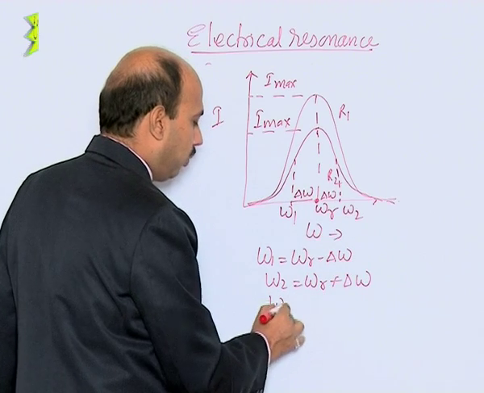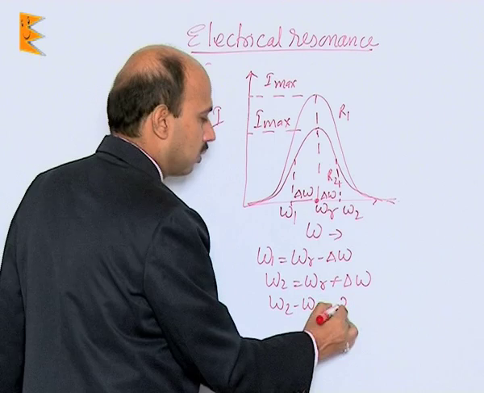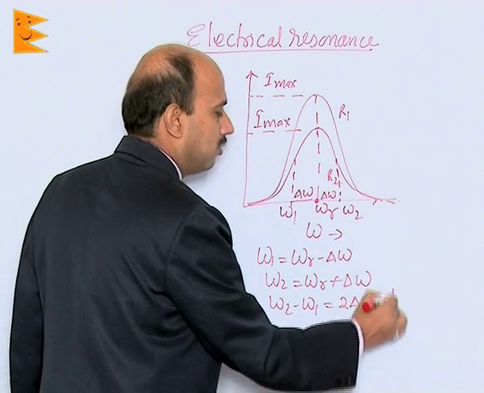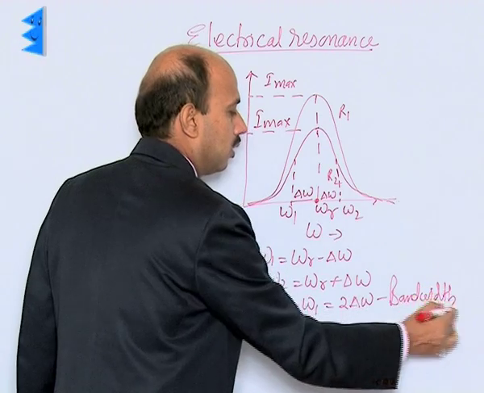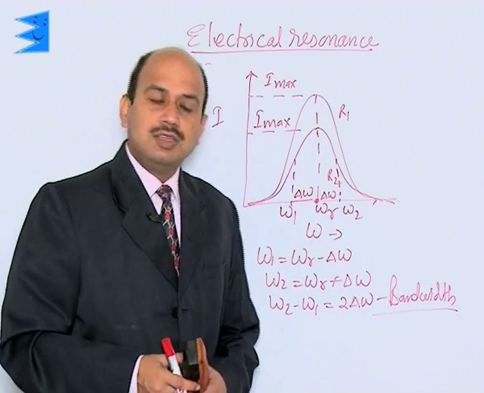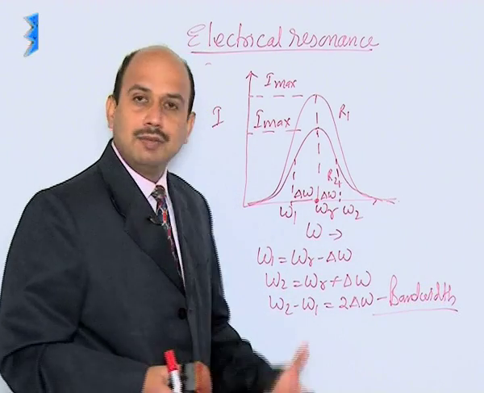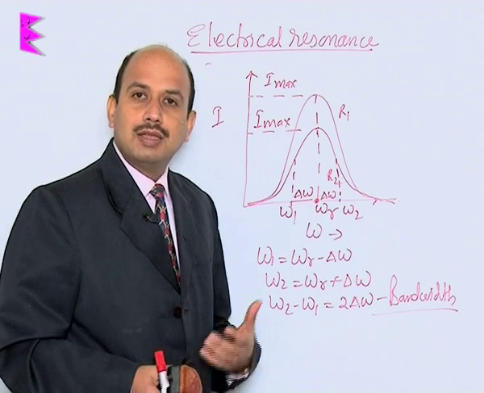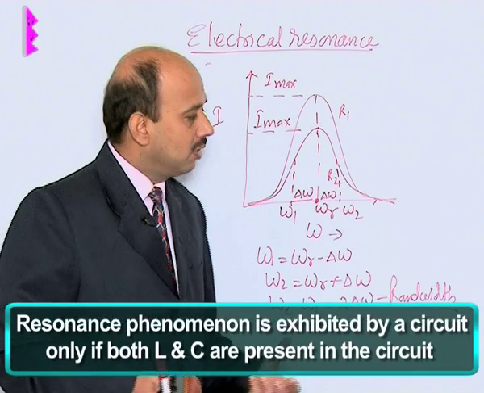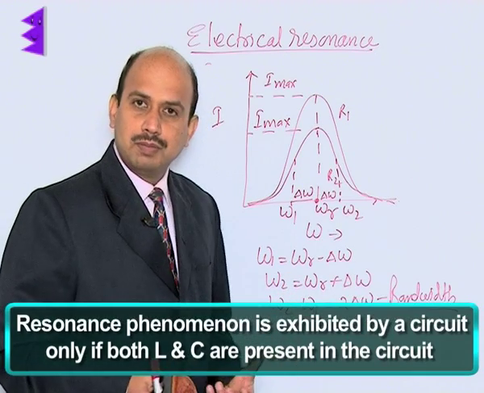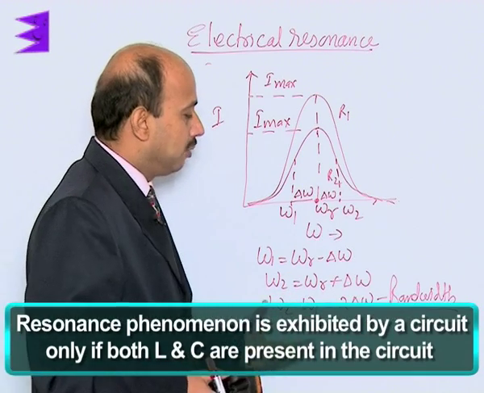So omega 2 minus omega 1 is equal to twice delta omega. This is called the bandwidth. These resonance circuits are very important in the mechanism of tuning a radio or a TV set. All the acceptor circuits use this resonance concept, and this is about the bandwidth.